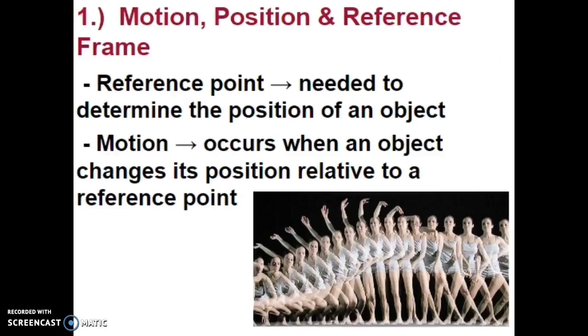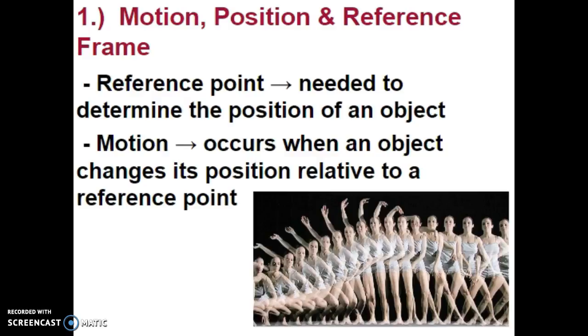So in order to understand motion, we have to understand what a reference point is. When we talk about motion and position and a frame of reference, that reference point is needed to determine the position of an object. So we know that motion is occurring if an object changes its position relative to that reference point.